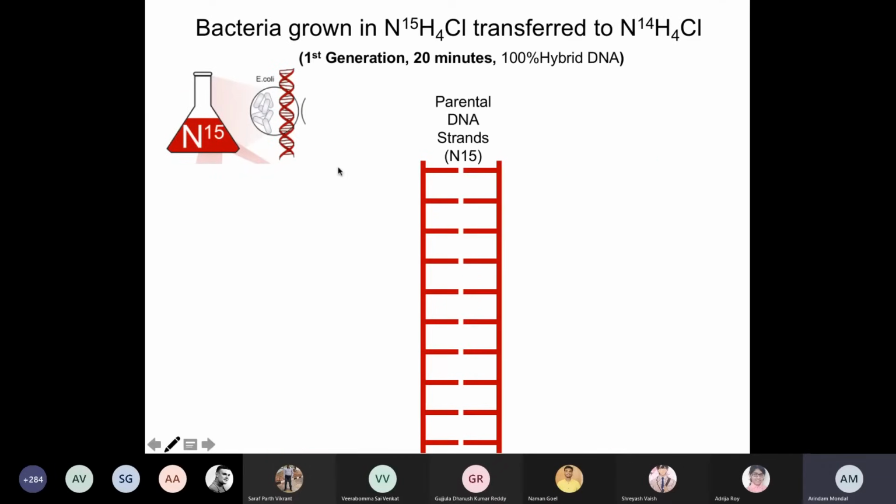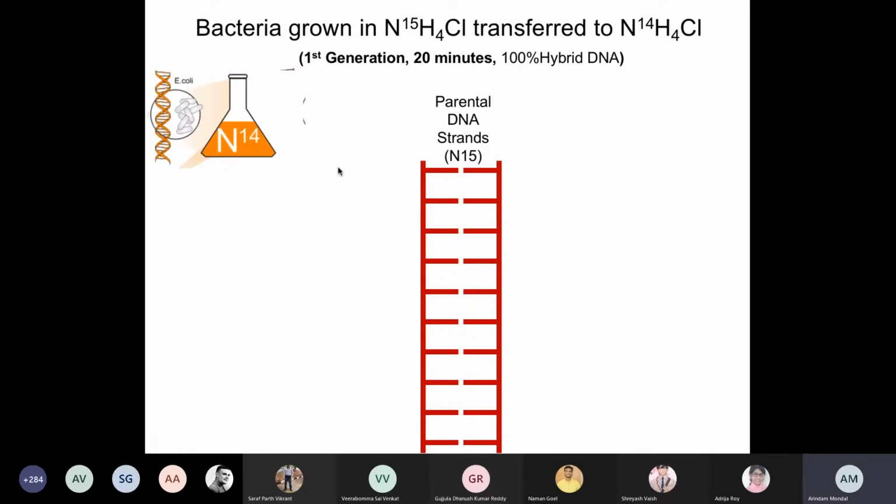Then they collected those bacteria and inoculated them in N14 ammonium chloride containing media, and let them grow for 20 minutes, because the generation time for the bacteria is 20 minutes. So what will happen? Say you have inoculated N15 DNA containing bacteria into the media which contains N14 ammonium chloride.